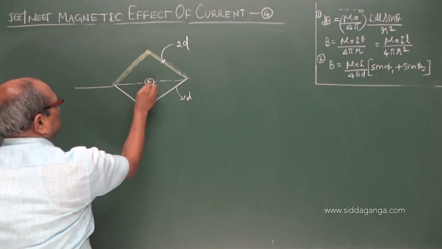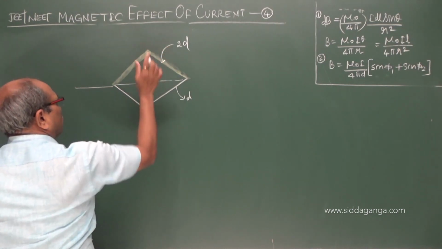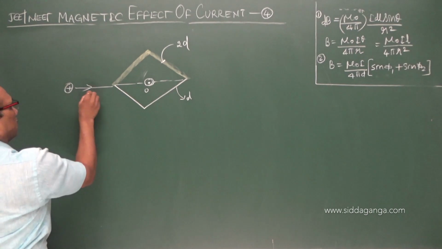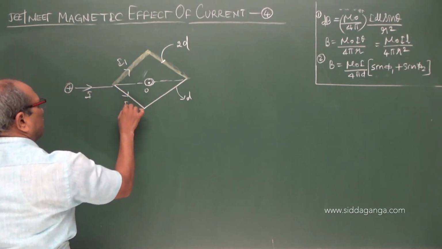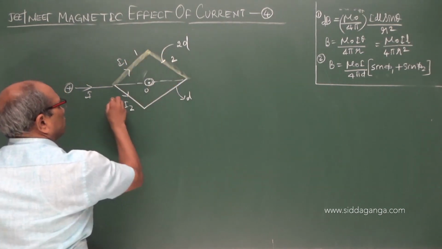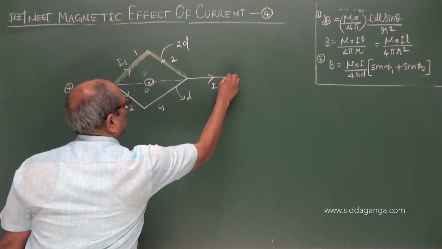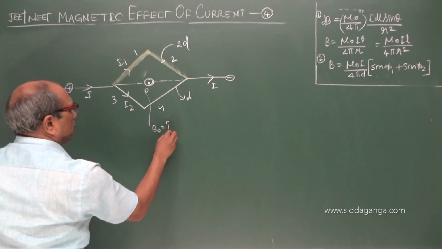The current given here produces how much field at the center? You want the field at the center O. The current is taken in and is distributed into I1 and I2, along the paths 1, 2, 3, 4, and as it goes out, you have to find the field B naught. How much?